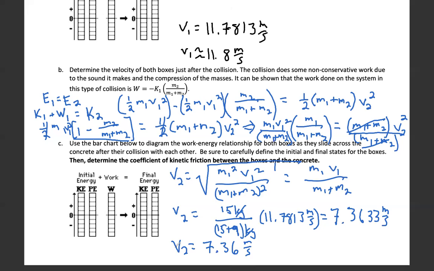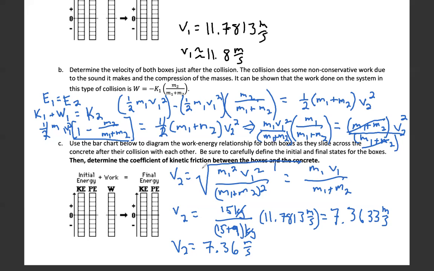So we have the same thing using this concept of work, that this is the amount of work that is done by that collision. And that's the important thing to realize, that the collision does some work on the system. There's some heat created by the compression of the two masses against each other.